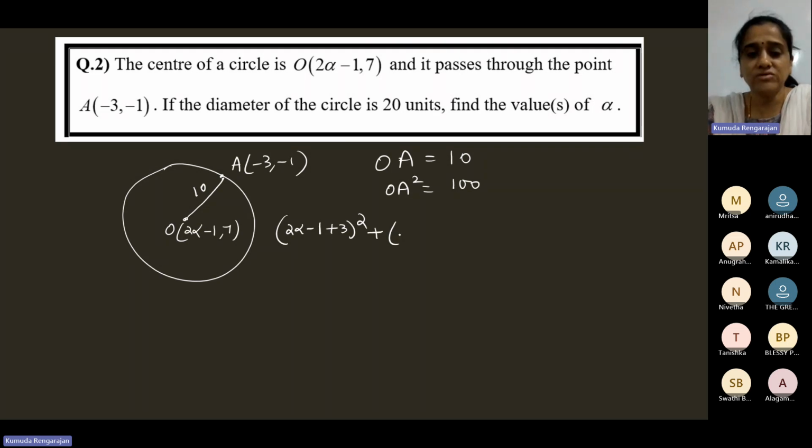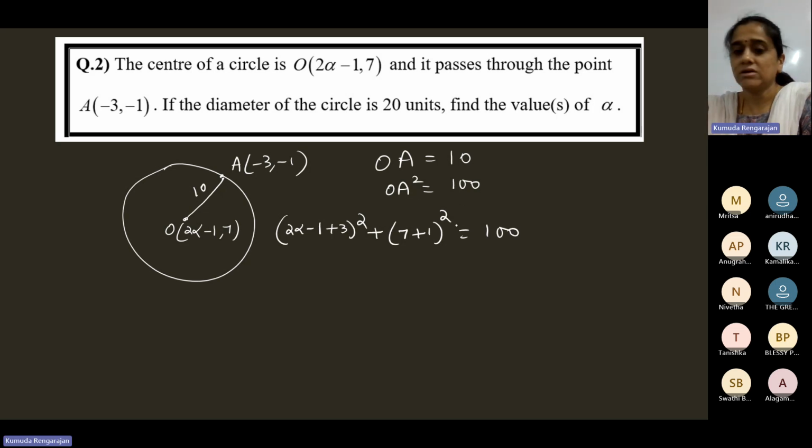Which are the x coordinates? 2 alpha minus 1 and minus 3. You should subtract them and square it. Plus, which are the y coordinates? 7 and minus 1. Subtract and square it. So 7 minus 1, so plus 1, the whole square, is equal to 100. OA square is equal to 100 is the equation.